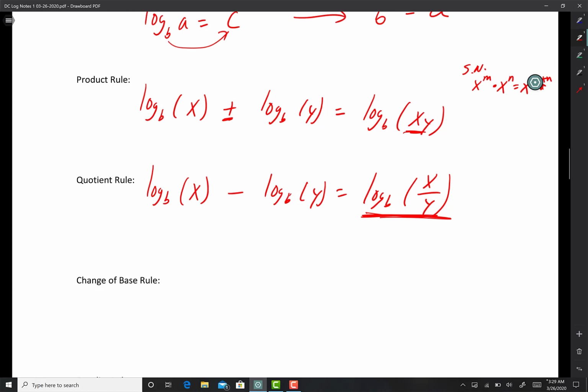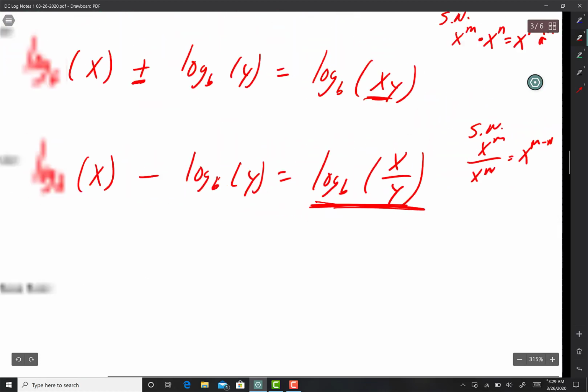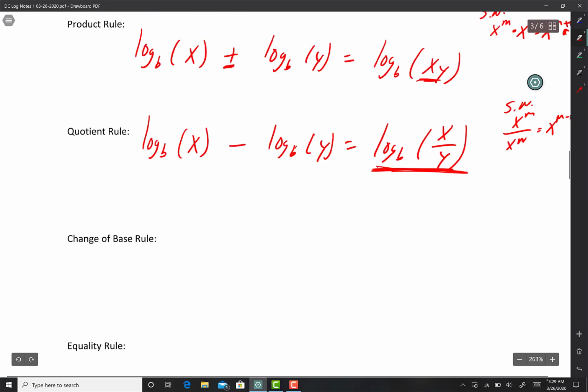And it's the same thing with your exponents. So side note, x to the power m over x to the power n, that's the same thing as x to the power m minus n. That's a subtraction there. I don't know if you can tell. M minus n, and if we zoom in, that's a minus. All right, guys, pretty straightforward.